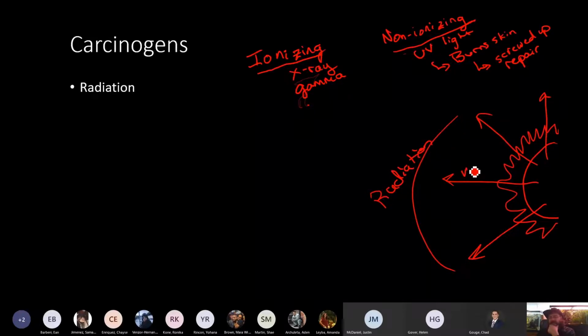So visible light, that's radiation coming from a sun, right? So radio waves, those also radiate from a sun.